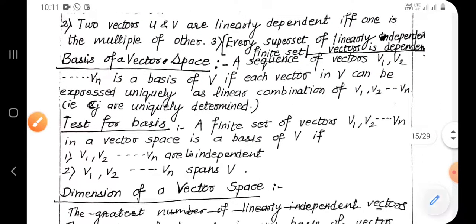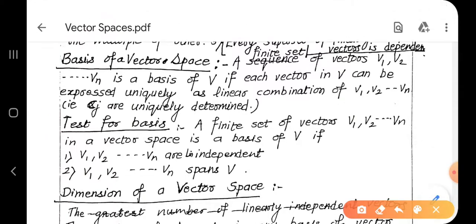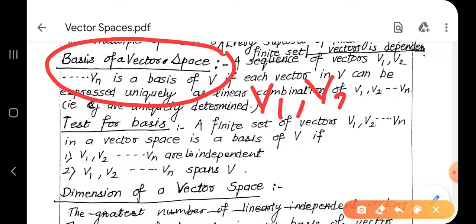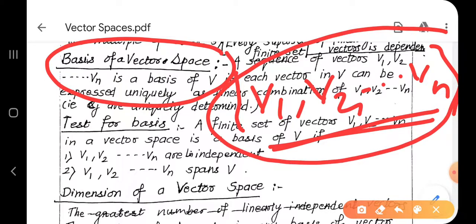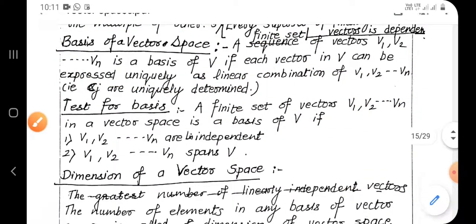So let us define it properly. You may take v1, v2, dot vn, n vectors. These n vectors we call a basis of a vector space V if they satisfy two conditions. Listen carefully.